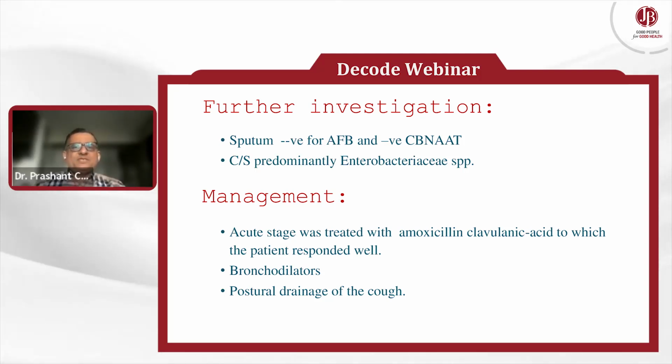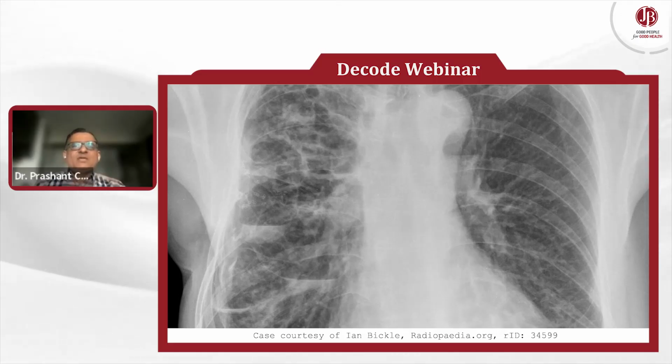How do you work up such a patient? Have a look at this X-ray. If you look at this X-ray here, you will see that there are these cystic areas in the right upper lobe. The left side is comparatively not affected, but here you can clearly see in the right upper zone, and also in some areas of the right mid zone, there are abnormal areas.